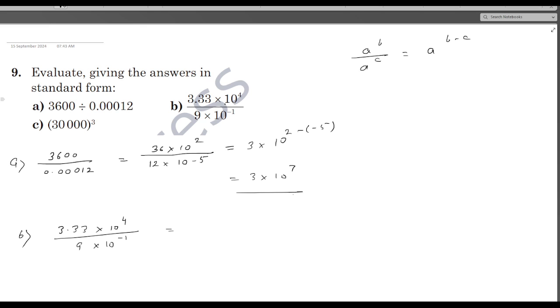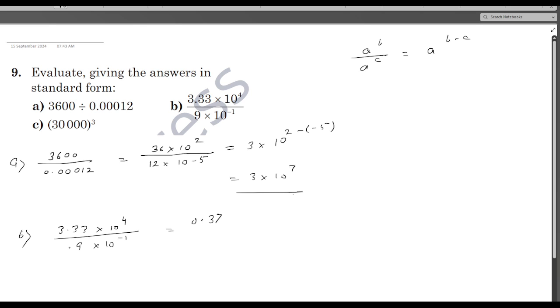So if I divide this 3.33 by 9, now see, as 3 is not divisible by 9, I will start with 0 point. Now it will be 33. So 9 2s are 18, 9 3s are 27, 9 4s are 36, which is more than 33. So I will say 9 3s are 27. 27 plus 6 is 33. So 63. 9 7s are 63.